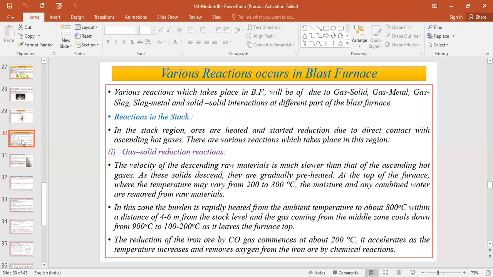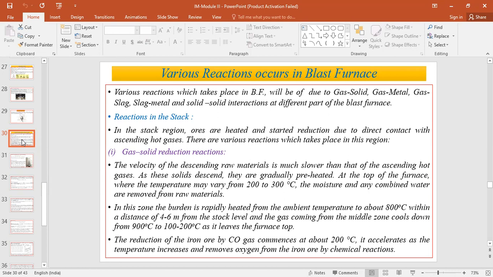So we'll see what the various reactions are which occur at different parts of the blast furnace. The kind of reactions which take place purely depends upon in what form the reactants are at that particular location.